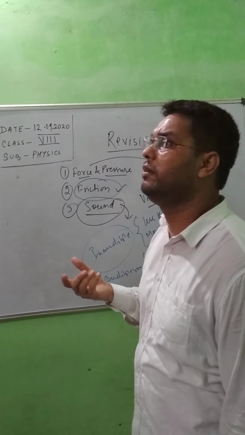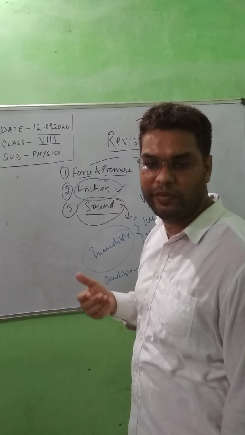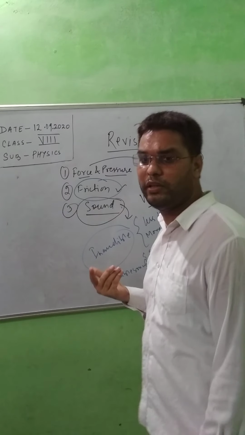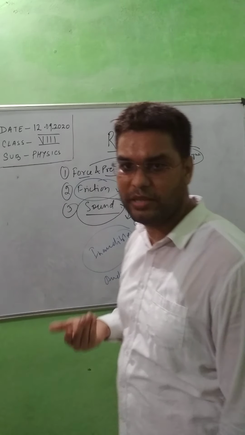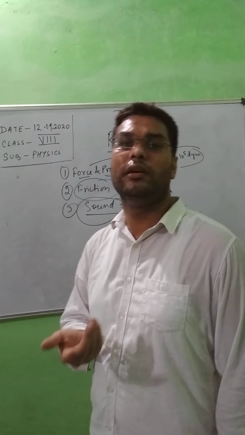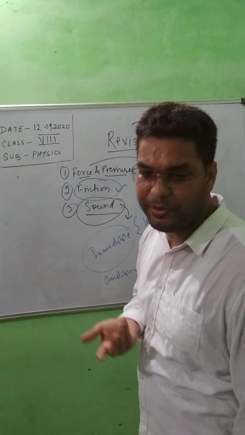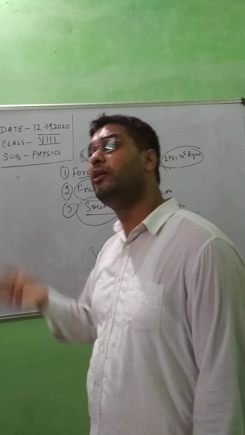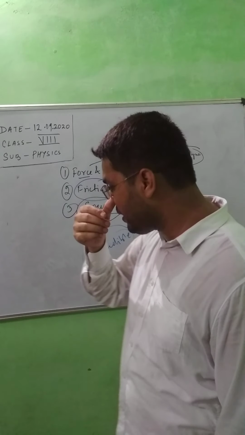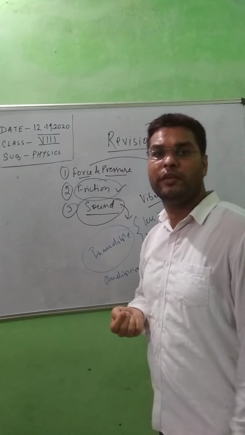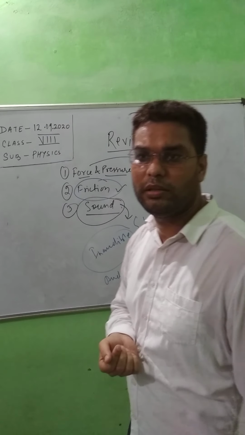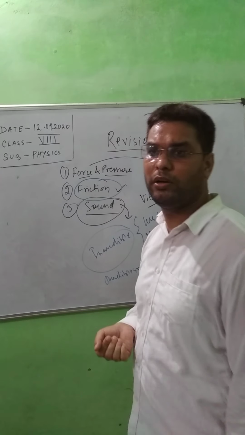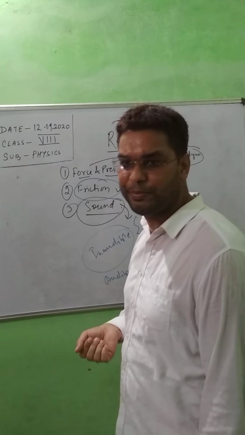The stirrup is connected to the oval window, and behind the oval window there is a liquid in the cochlea which vibrates and produces signals. Through the nerve they go to the brain, and the brain interprets them, and in this way we are able to hear the sound. So this we have talked about in the chapter Sound.